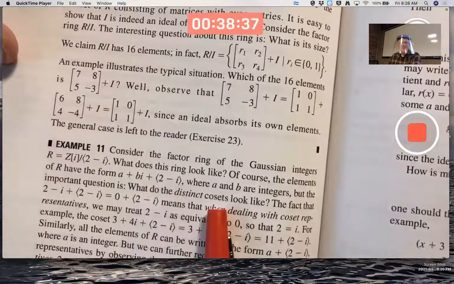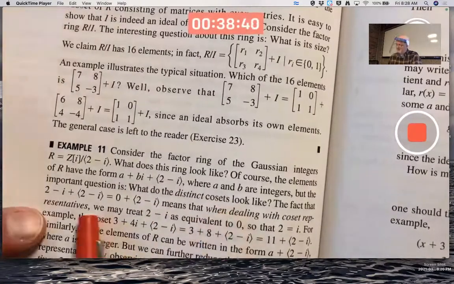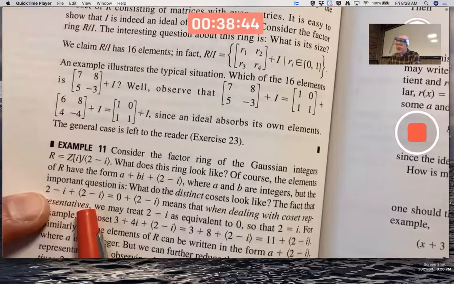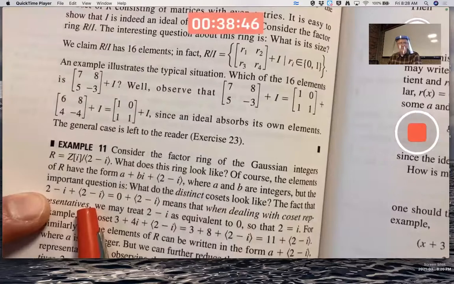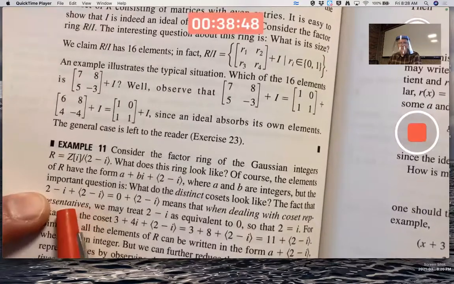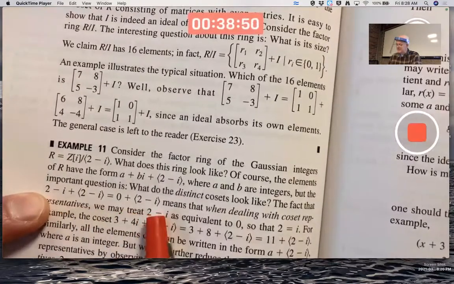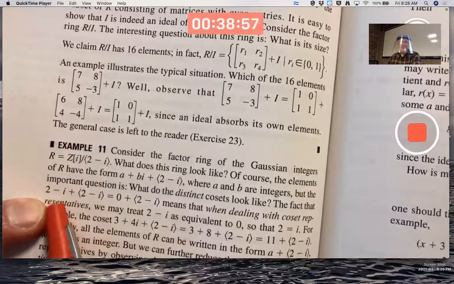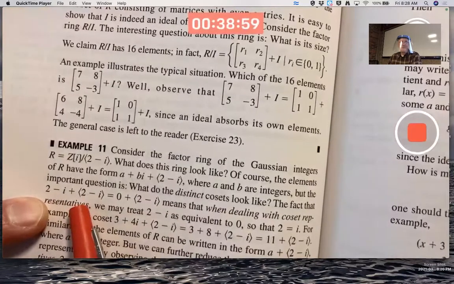What do distinct cosets look like? The element 2 minus I plus the principal ideal generated by 2 minus I, this left coset equals this. Why? Because 2 minus I is in the principal ideal generated by 2 minus I. That's why.